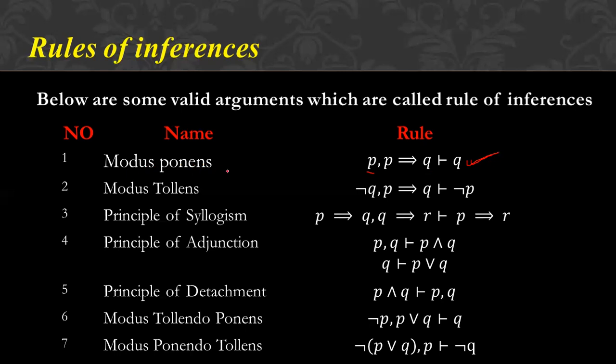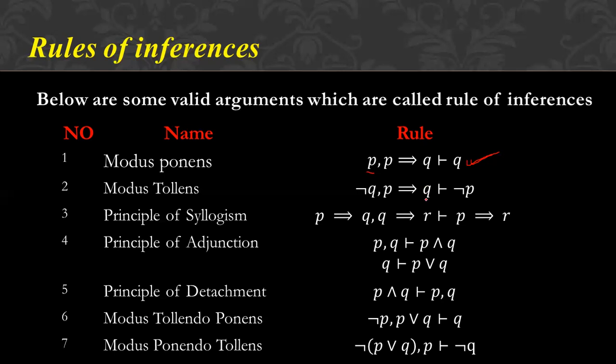The second one is the modus tollens rule. We have this argument with premises P implies Q and negation of Q, and negation of P is the conclusion. To justify this, we assume that negation of Q is true, so Q must be false.